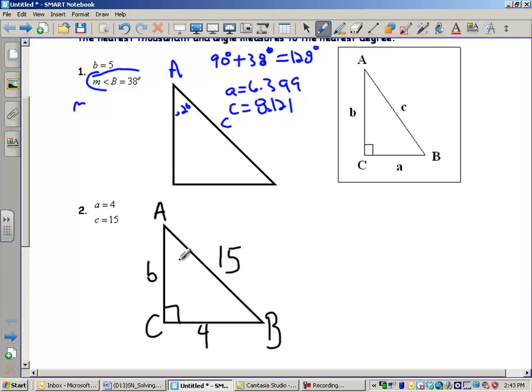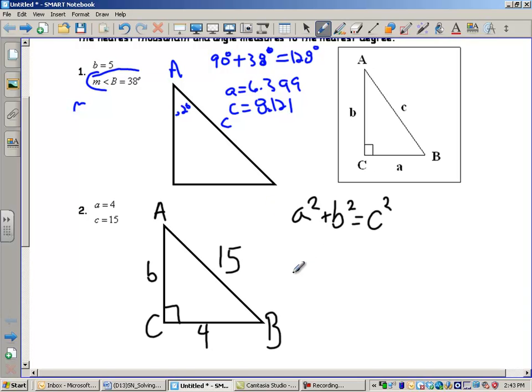Now, as we notice, I do not have any of my degree measures outside of the 90, which is given, because these questions will always be right triangles. But Mr. G just said one of the things that we will be able to use, which would be Pythagorean Theorem, which is a squared plus b squared is equal to c squared. Now you're going to realize that I've written all of these in lowercase because they deal with side lengths and not the angles.